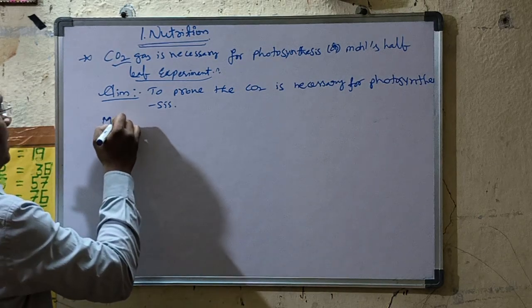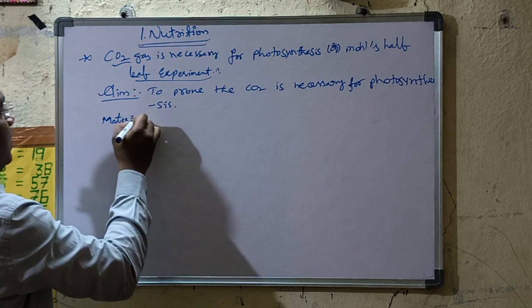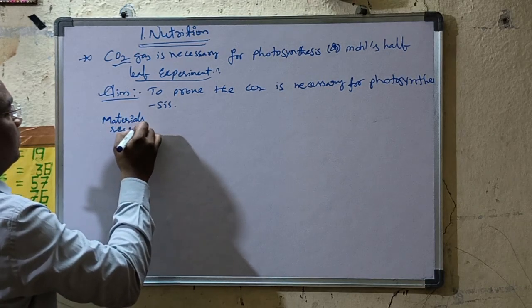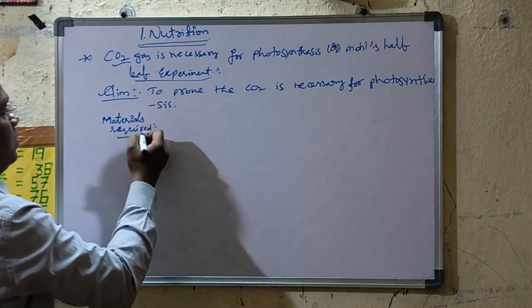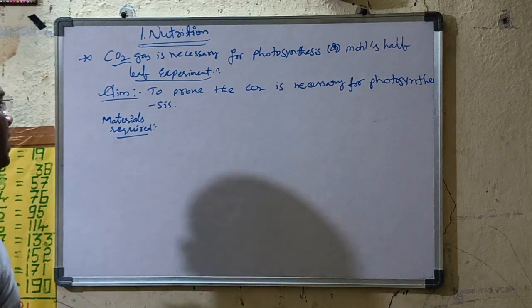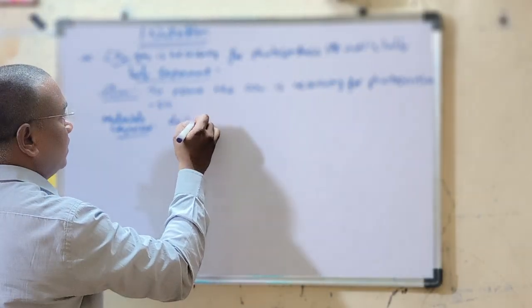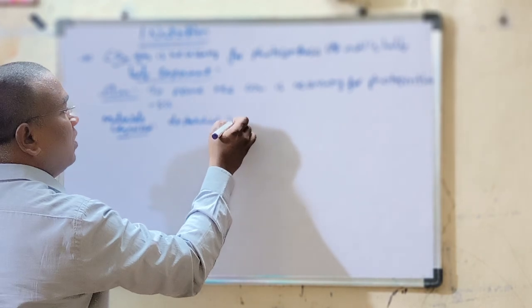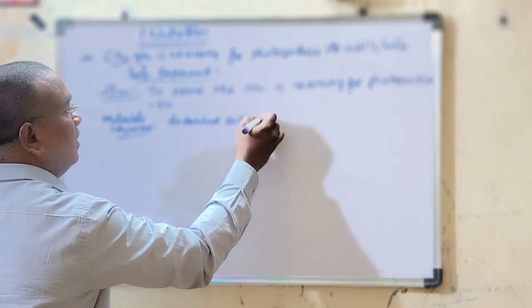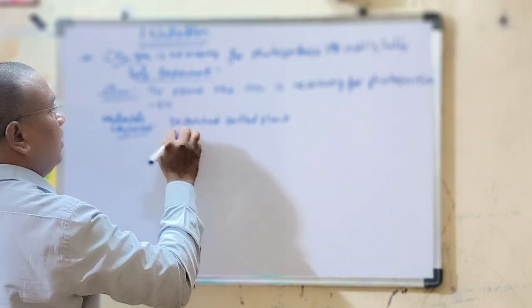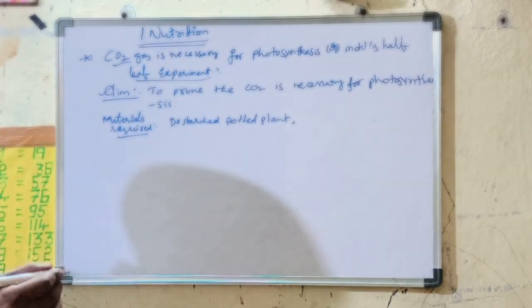Next, materials required. What materials do we need? We need a destarched potted plant. What is the meaning of destarched? I will tell you in a few minutes.